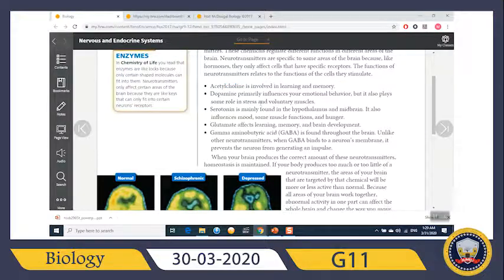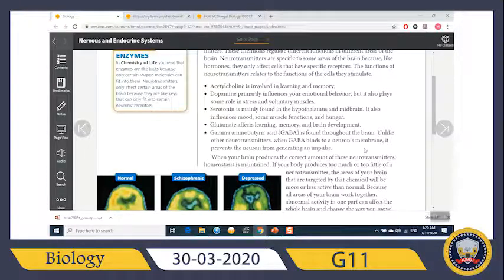Dopamine. Dopamine primarily influences your emotions and behavior, whether you are sad or feeling in love. Let's say suddenly you heard some news that made you happy. If I want to measure the dopamine levels in your blood, it will be higher than normal. Why? Because dopamine influences emotional behavior.